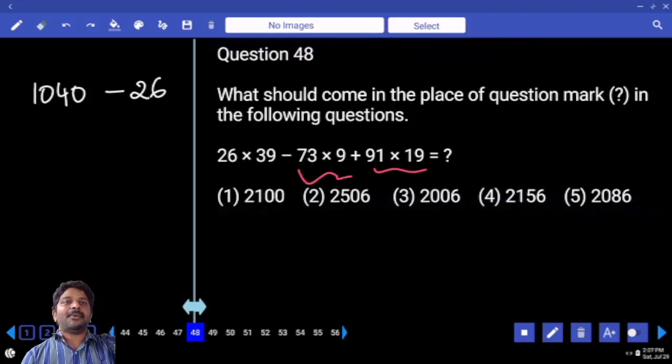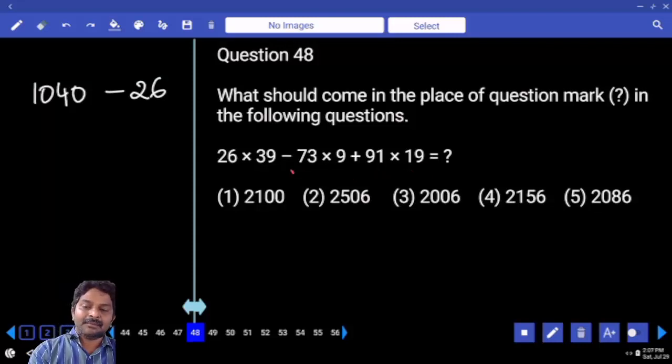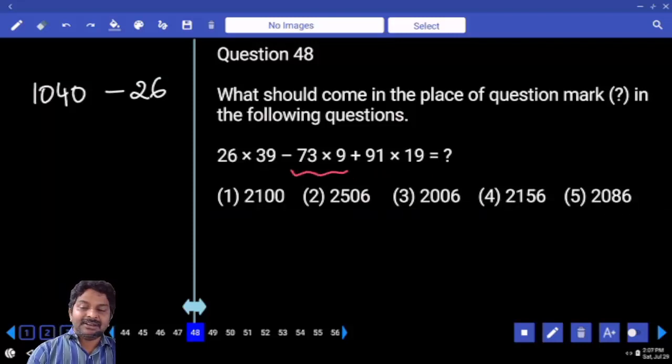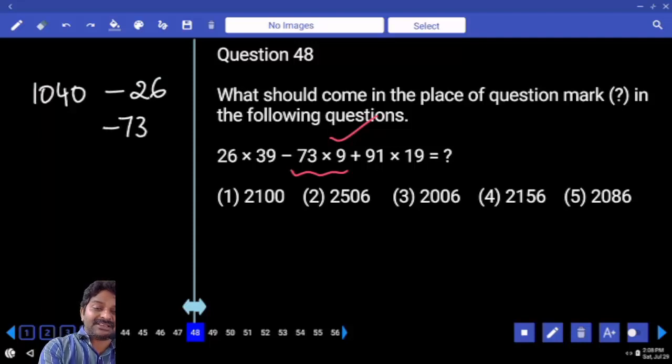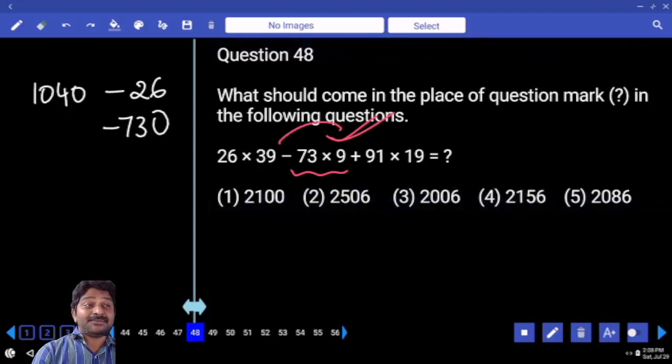So I'll write all positive numbers one side and all negative numbers one side. Is that okay? Minus of 10 times minus 1 time, 10 times is 730. Is it positive or negative? So negative: minus 730, minus one more time, right? Minus of minus becomes plus 73. So I'll write it on the positive side.